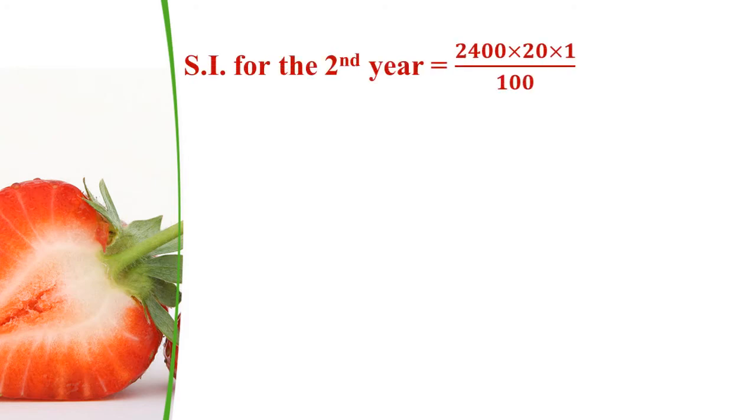Let's find simple interest for the second year. Here, principal is 2400, rate of interest is 20, time period is 1 year. So, 2400 into 20 into 1 by 100. Here, 0 and 0 get cancelled out.